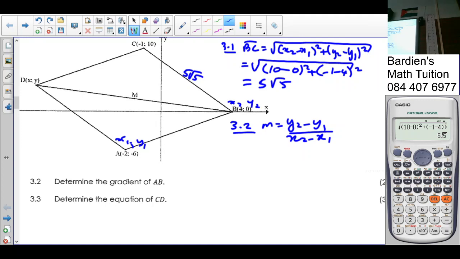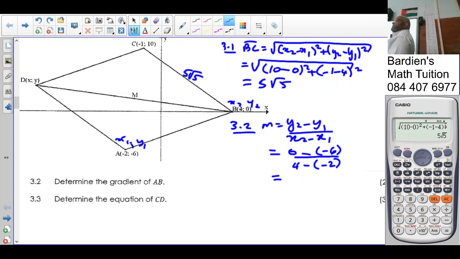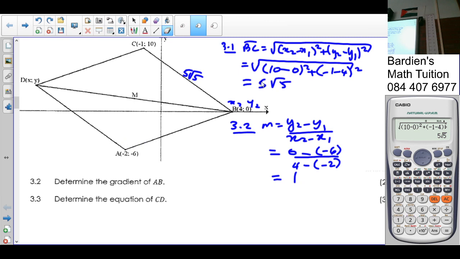As we know, in the previous question we had to do the same. Okay? So it's going to be simply 0 minus 6 over 4 minus 2. So that gives us an answer of 1. So the gradient of this line is simply 1. Okay.